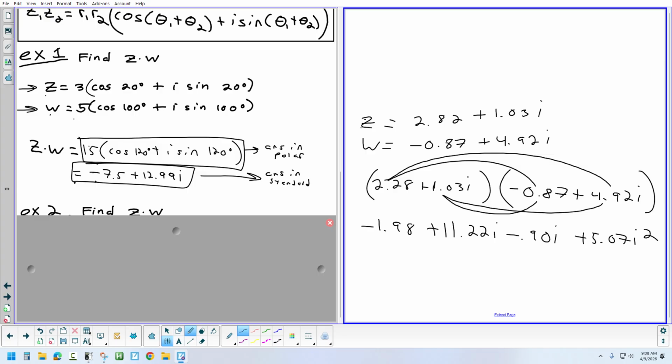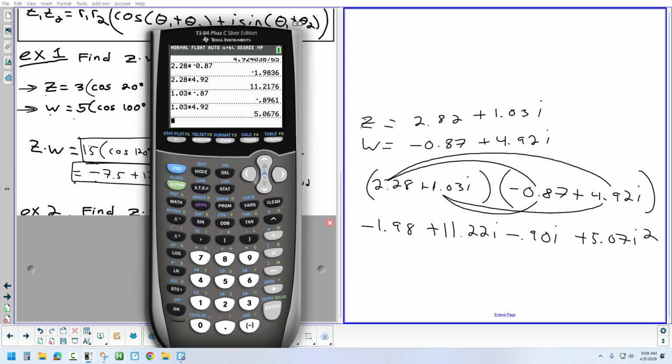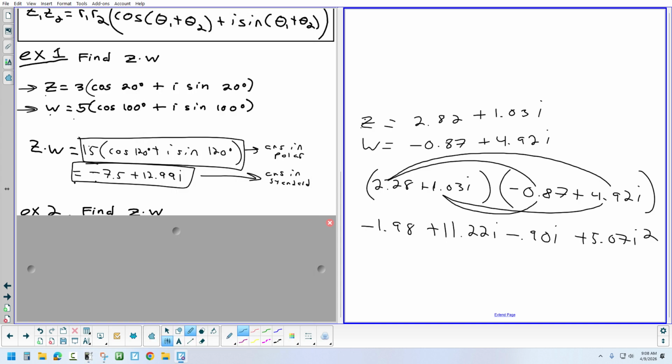Okay, well, let's combine like terms and see what happens. So when we combine, this is 11.22, and then we're subtracting 0.9 from it. That did not give us 13.